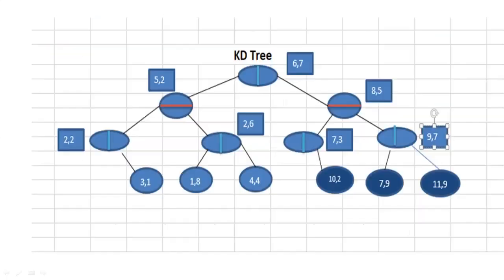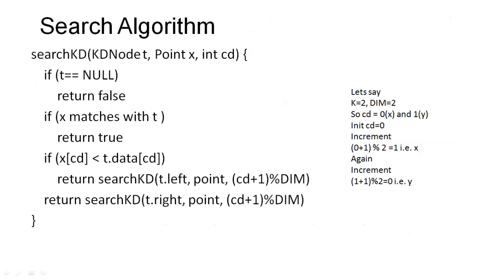Now let us see the algorithm for this search operation. This is the algorithm where we have 3 parameters. This KD node T represents the current node. X represents the point we are searching for, and CD is an integer which represents the current cut dimension. Let us say we take an example of a 2D tree, that is if k is equal to 2, then the number of dimensions will be 2.